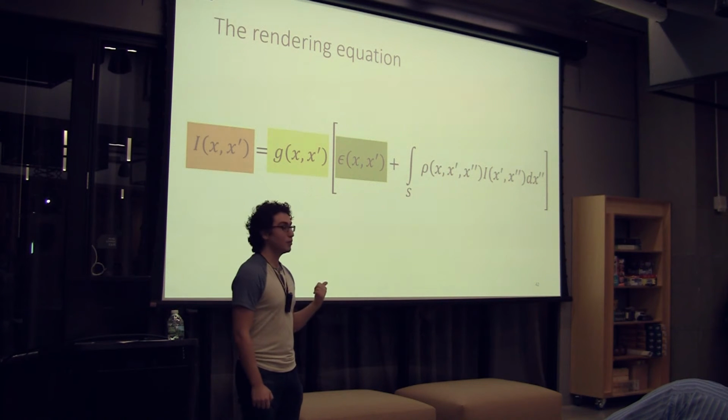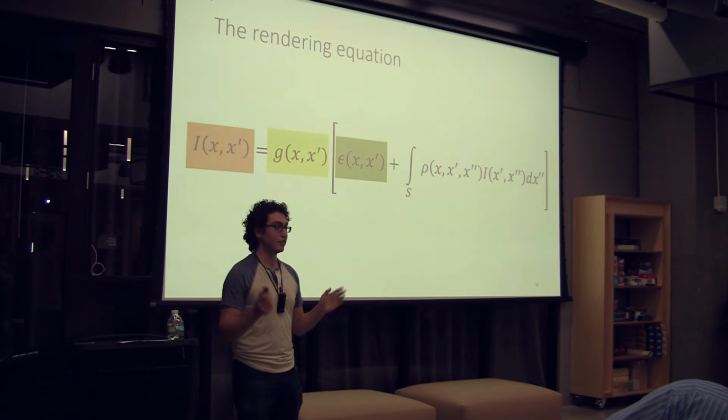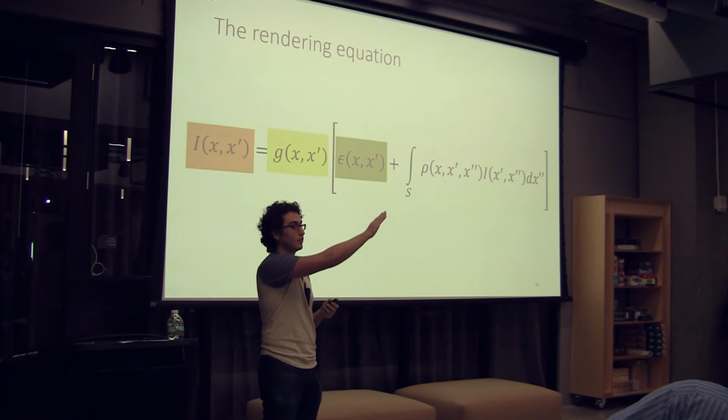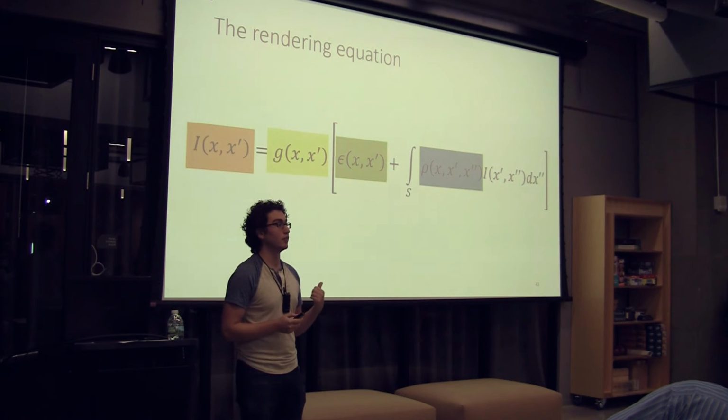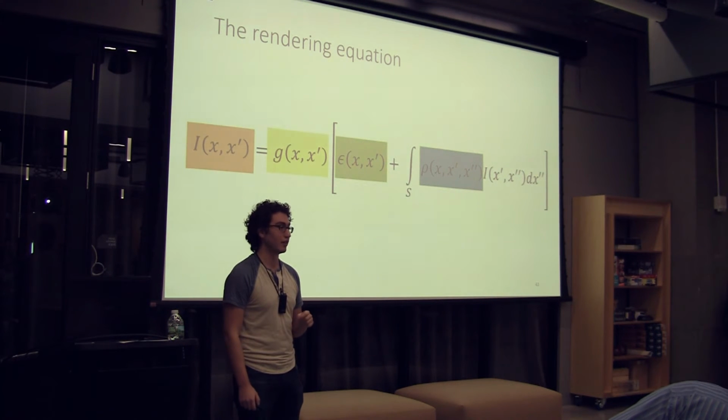So our x double prime is some other point in the scene. And we're trying to see how much light is coming from x double prime, bouncing off of x prime and going to x. This first term, rho of x prime, x double prime, is what we call a bidirectional reflectance distribution function, or BRDF, and I'm going to call it BRDF for the rest, I promise.